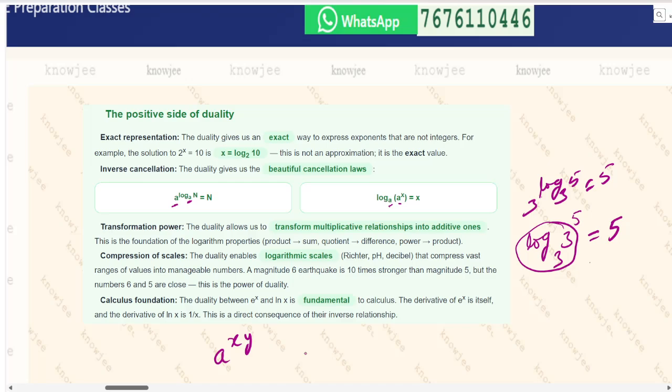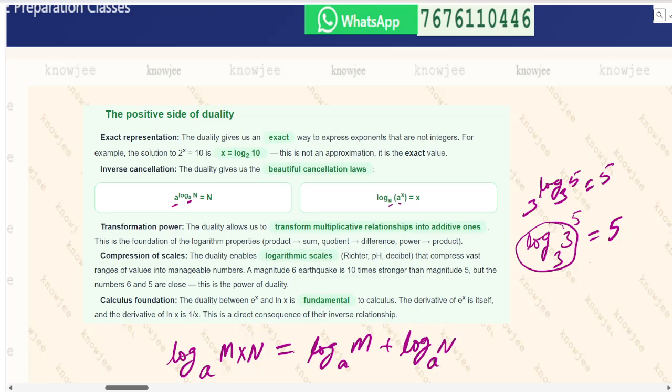So log base a of m times n is equal to log base a of m plus log base a of n.